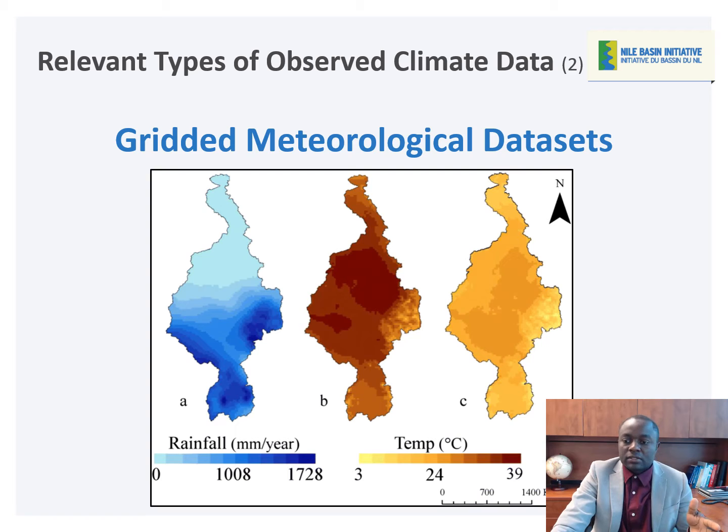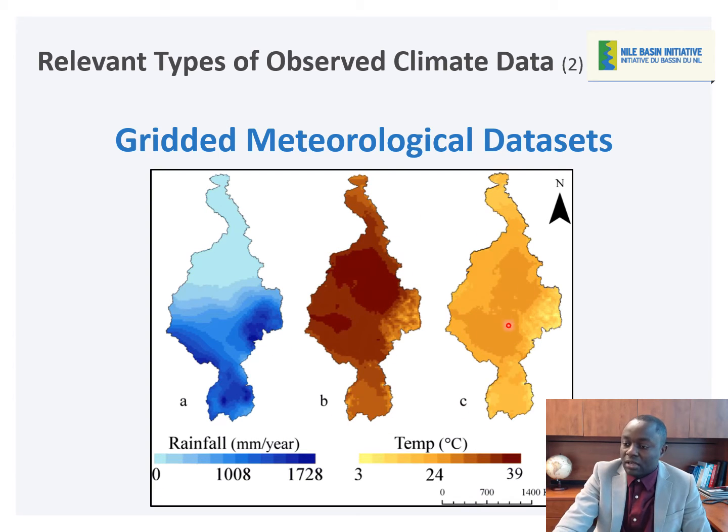In data-sparse regions such as the Nile Basin, access to gridded data is essential for many studies and practical applications such as for climate risk assessment. Gridded data sets facilitate the spatial analysis of climate variables and the static or dynamic visualization of climate patterns and trends, as this figure illustrates.